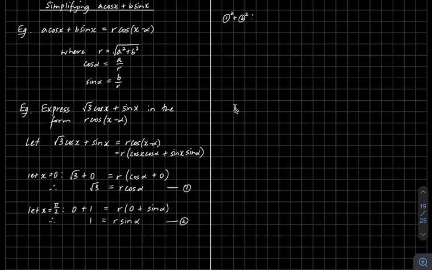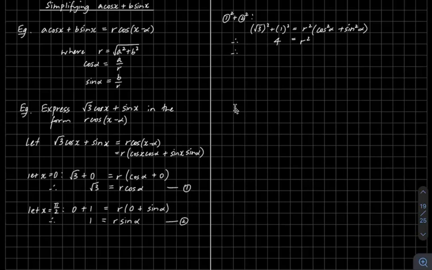Then we would have root 3 squared plus 1 squared, and on the other side we'd have r squared cos squared alpha plus r squared sine squared alpha. So I could factorize that r squared, and therefore I would have 4 equals, and Pythagorean identity, cos squared alpha plus sine squared alpha equals 1. So r squared is equal to 4.